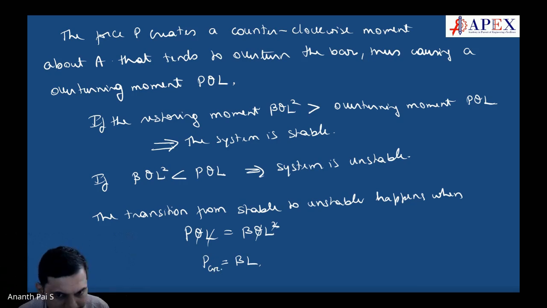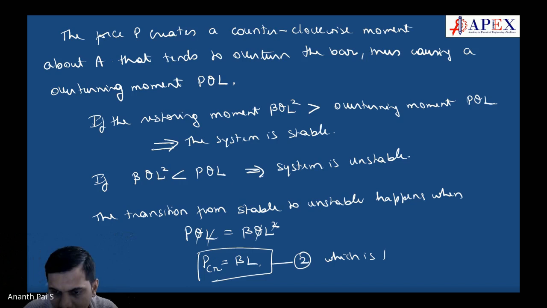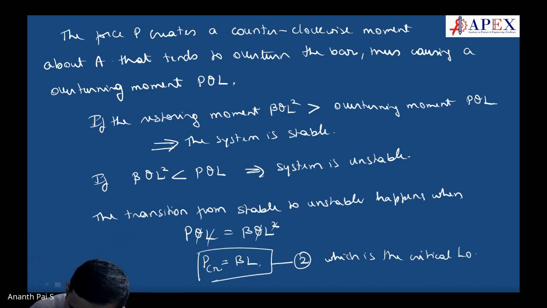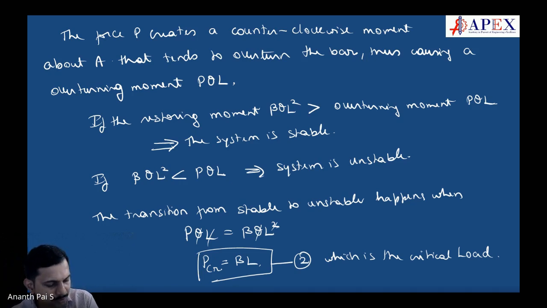P critical is beta into L. You write this as equation number 2, which is the critical load. So there is a critical load above which it will buckle. Fine. Similar thing happens with the buckling of columns.